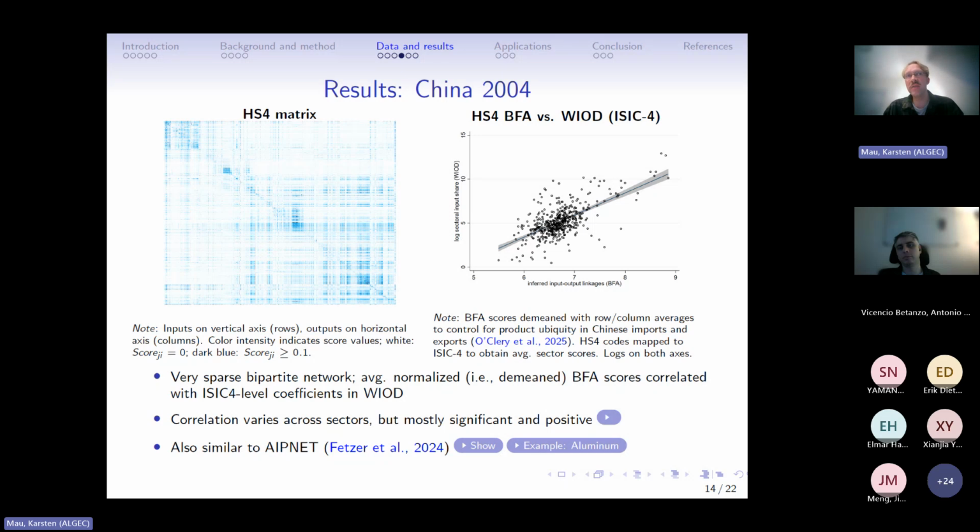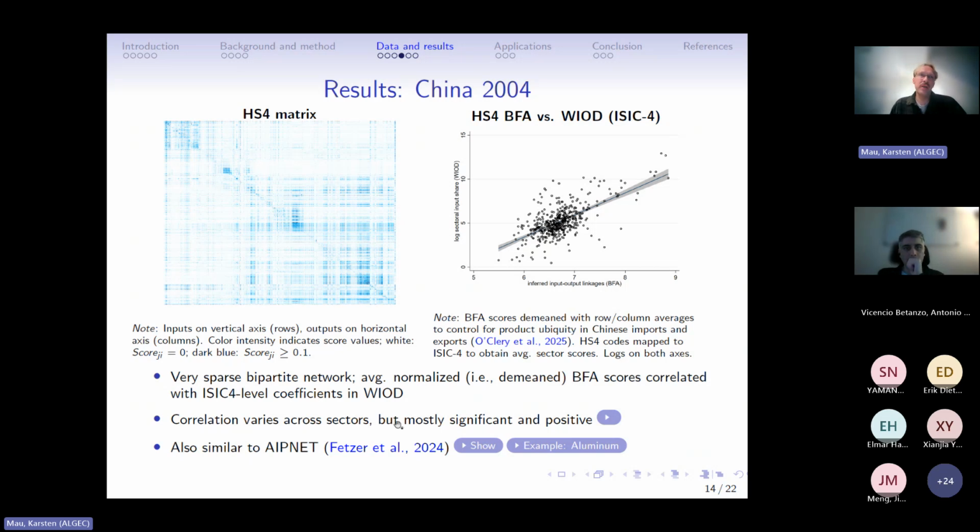That's why I think we see some differences in the accuracy between the correlation in our matrix and what would be reported in terms of input coefficients for different sectors. But we also don't find a very systematic correlation with, let's say, the revealed comparative advantage or patterns that describe industry specialization in the country. So it's not clear why in some sectors the correlation is better than in others.